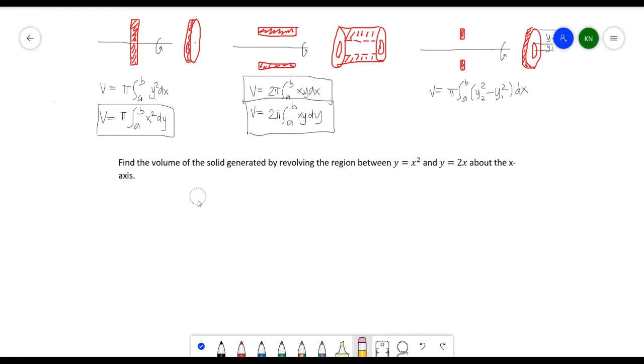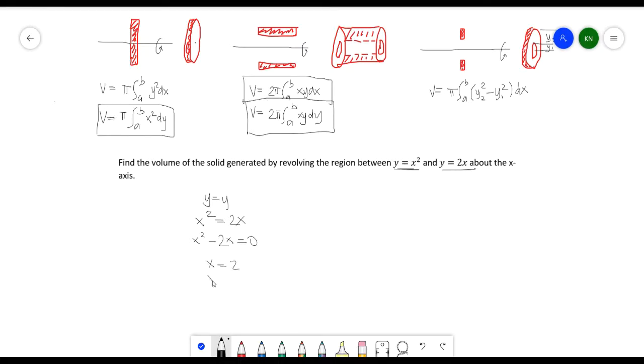So if you say y is equal to y, you know that the one equation of y is x squared and the other is 2x, meaning x squared is equal to 2x. Now if you equate this to 0, x squared minus 2x is equal to 0, you'll get two values of x, which is x is equal to 2 and x is equal to 0.